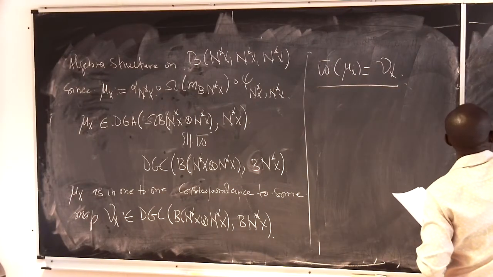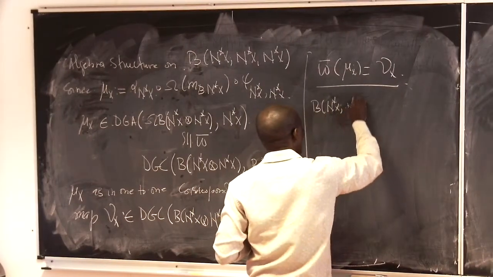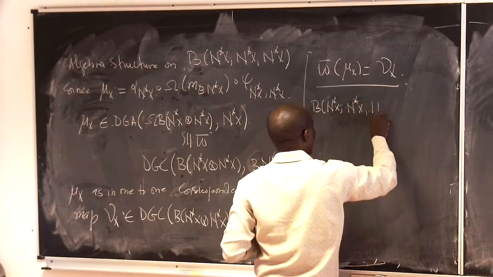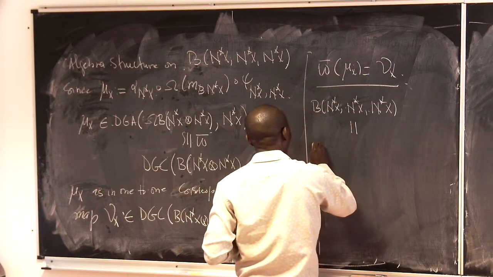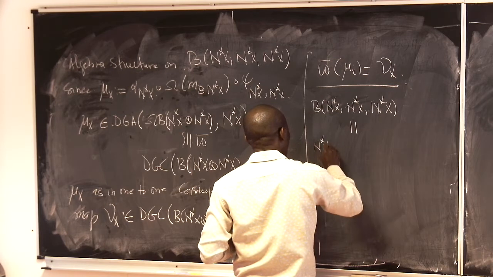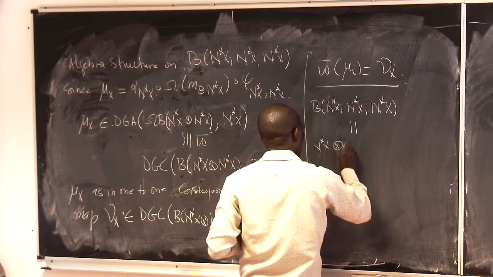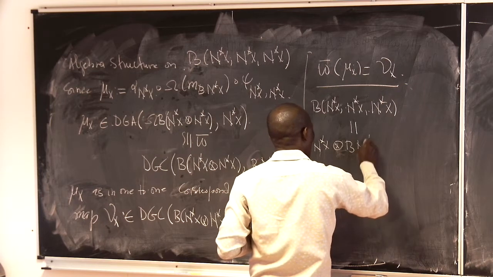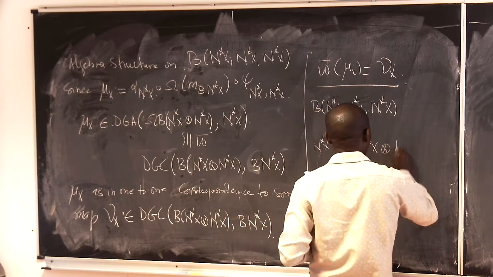Recall that the bar construction of Nx with double coefficient is just equal to Nx tensor the reduced bar construction on the normalized singular quotient tensor.